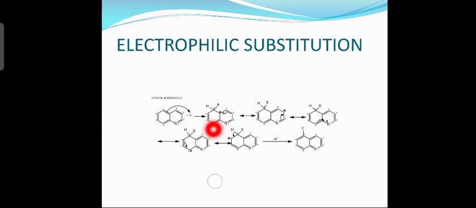So, when the electrophile attacks, shifting of pi electrons takes place throughout both the rings, so that you have intermediate structures, 1, 2, 3, 4, 5. Finally, elimination of H plus takes place to give the 5-substituted electrophilic product. This is the product.